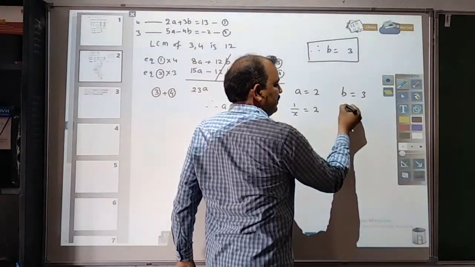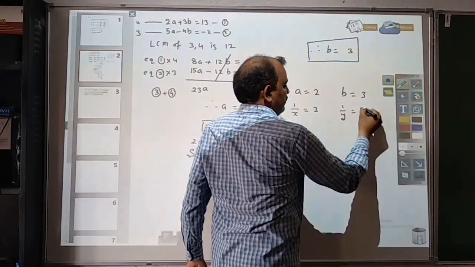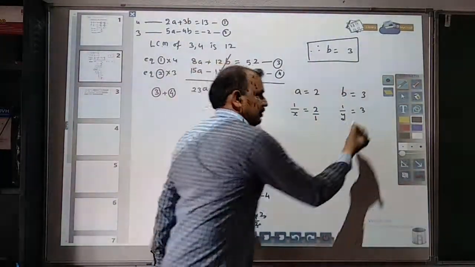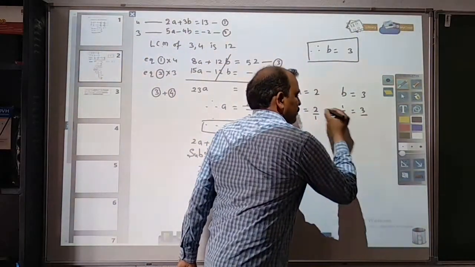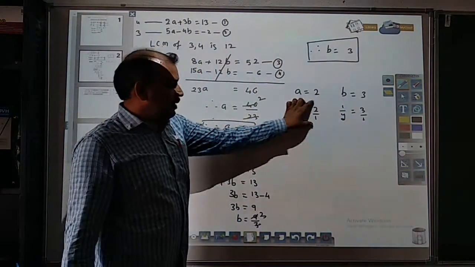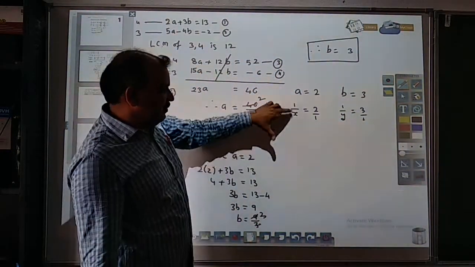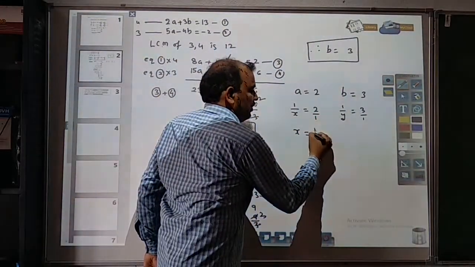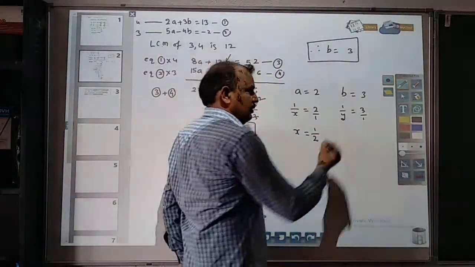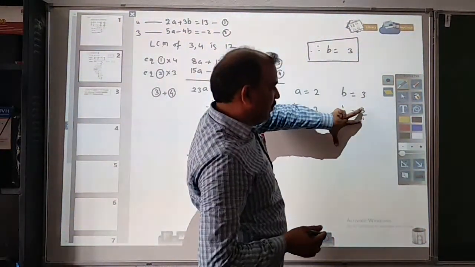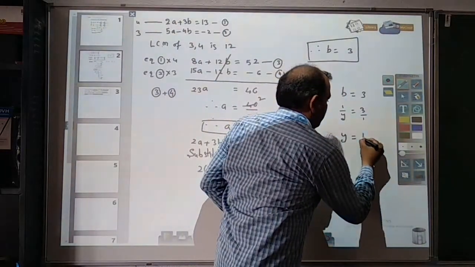We know that b is equal to 1 by y, that is equal to 3. 2 is nothing but 2 by 1, 3 is nothing but 3 by 1. 1 by x is equal to 2 by 1. Let us take the reciprocal: the reciprocal of 1 by x is x, and the reciprocal of 2 by 1 is 1 by 2. The reciprocal of 1 by y is y, and the reciprocal of 3 by 1 is 1 by 3.